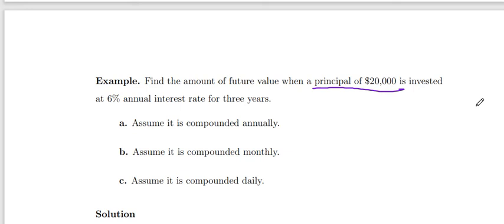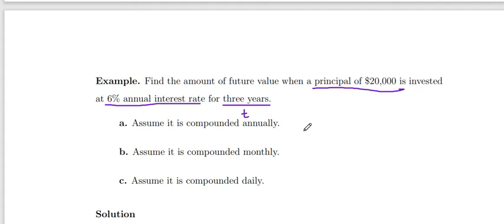How they are compounded. Okay, so let's confirm this. If we compound more often, we should have more money. So the annual interest rate is 6%. Okay, and t is 3 years. So this t is equal to 3.